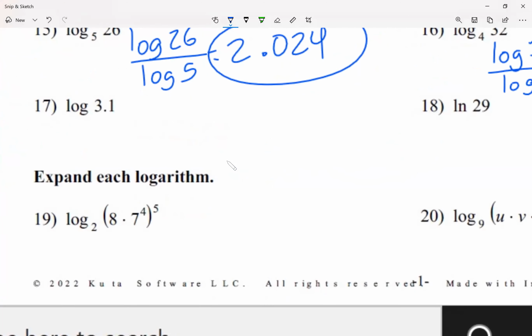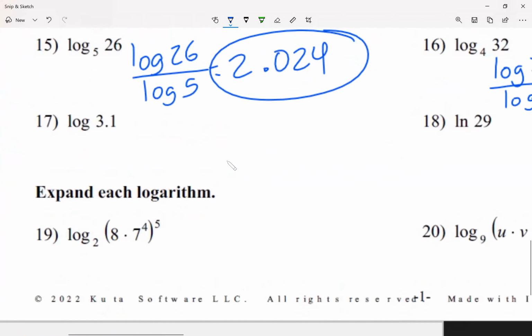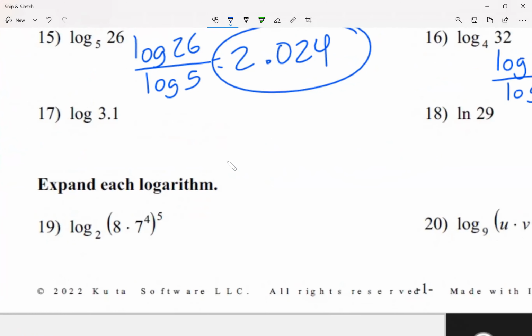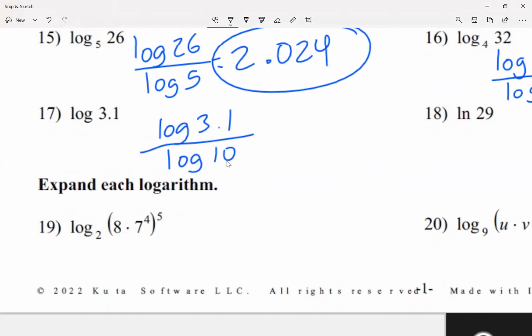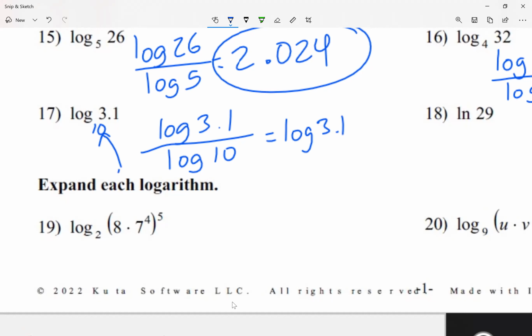Log of 3.1. I can just type in log of 3.1 divided by log of 10. Remember I said before, when you don't see a base, that's base 10. I can type that in, or I can just type in log of 3.1. My calculator actually does log base 10, so I'm just going to type that in.